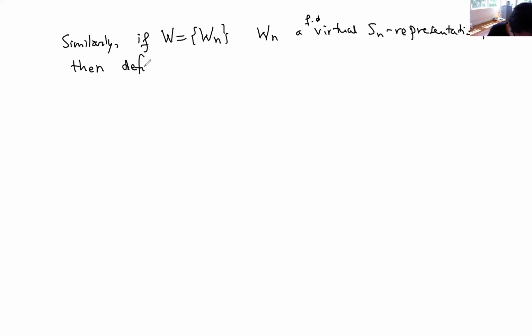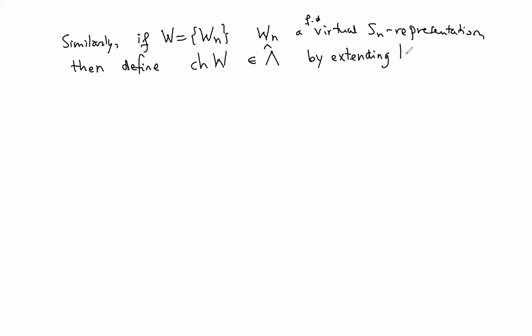Then define the characteristic of W by extending linearly. So now this is an element in lambda hat.